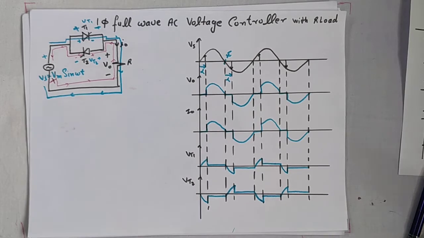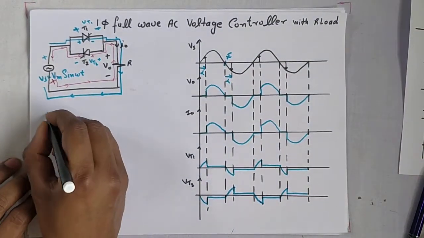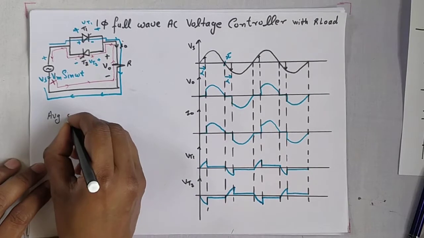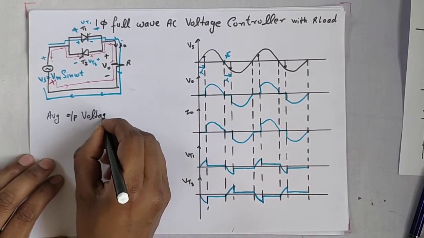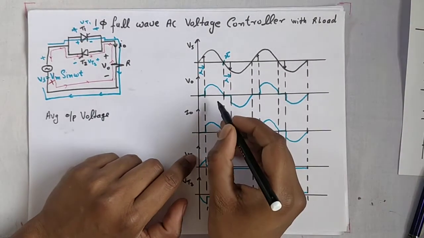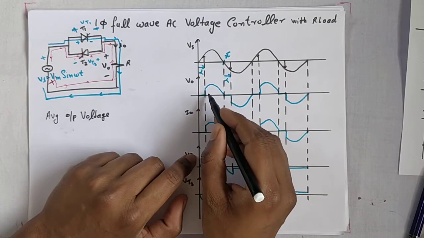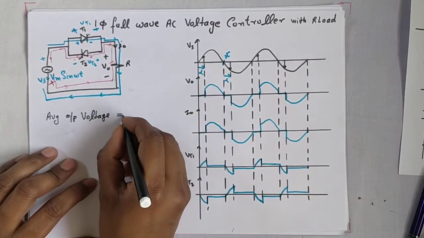Now let's write down the equations. Average output voltage. From here we see that the cycle is symmetrical about positive and negative, so the average output voltage will be 0.